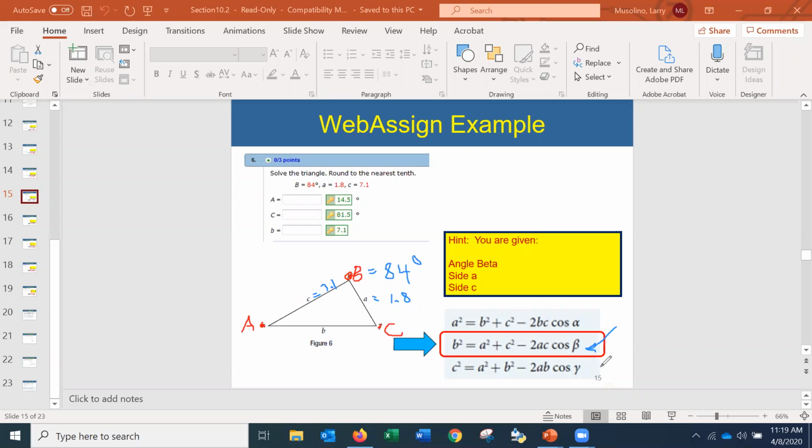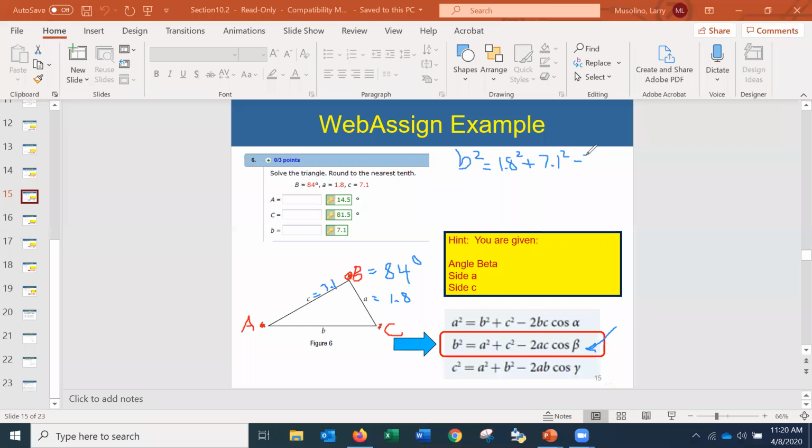And again, the reason I'm using that equation is that equation involves cosine B. And I do know angle B. That was given to me in the problem. So let me go ahead and plug in. So it's going to be B squared equals A squared. That's 1.8 squared. Plus C squared. That's 7.1 squared.